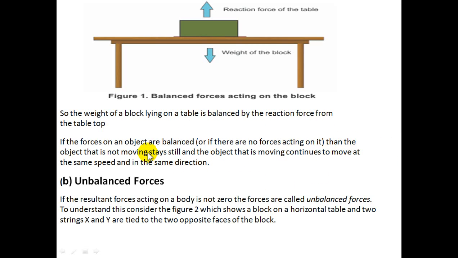If the forces on an object are balanced, or if there are no forces acting on it, then an object that is not moving stays still, and an object that is moving continues to move at the same speed and in the same direction. Now, in the experiment given in your book, what happens when the coin is kept on the cardboard?